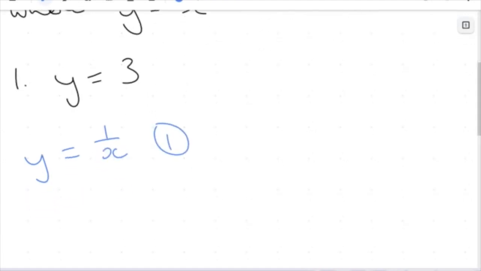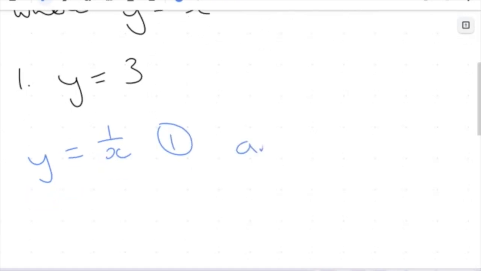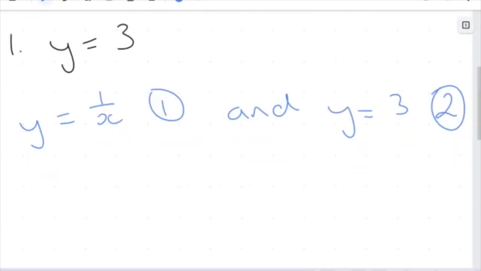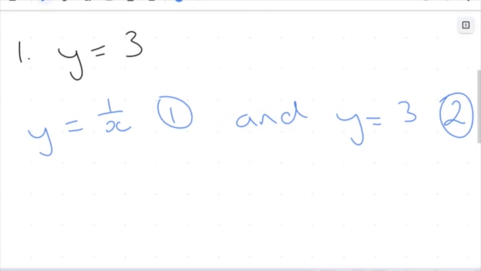This is my equation 1. And y equals 3. That's my equation 2. So remember, with simultaneous equations, the point where these two intersect, the y values are exactly the same. And the x values are also exactly the same.